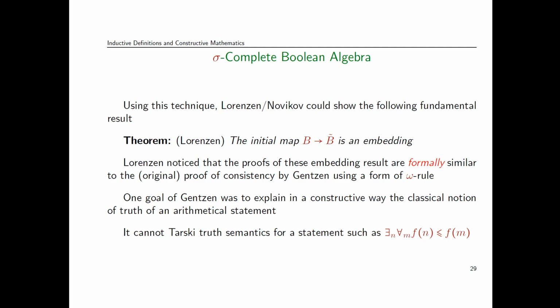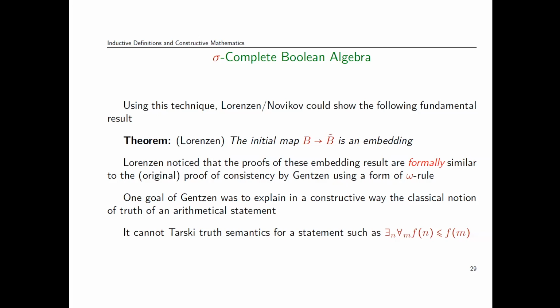And this was really surprising for Lorenzen, who was doing lattice theory. Then at some point he remembered that he had seen a talk of Gentzen. And what Gentzen was doing in this talk was formally similar to what he was doing in a purely algebraic way. The goal of Gentzen, as he formulated it, was to explain in a constructive way the classical notion of truth of an arithmetical statement.